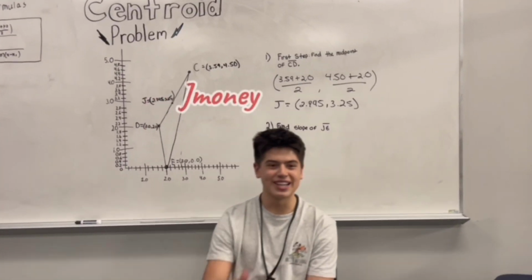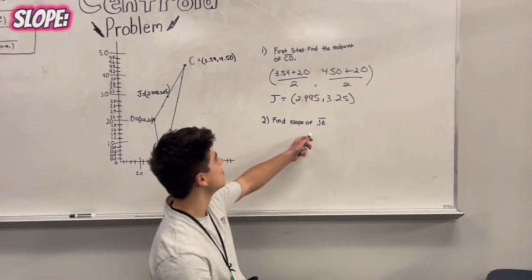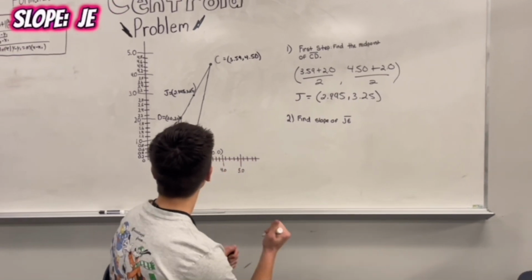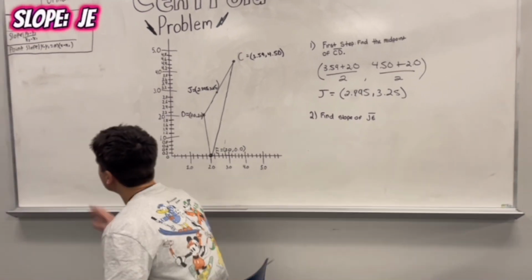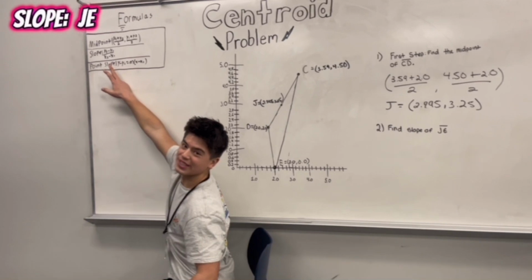This is how we found our slope of JE, right? So here's how we did it. We used the slope formula, which is right over here.